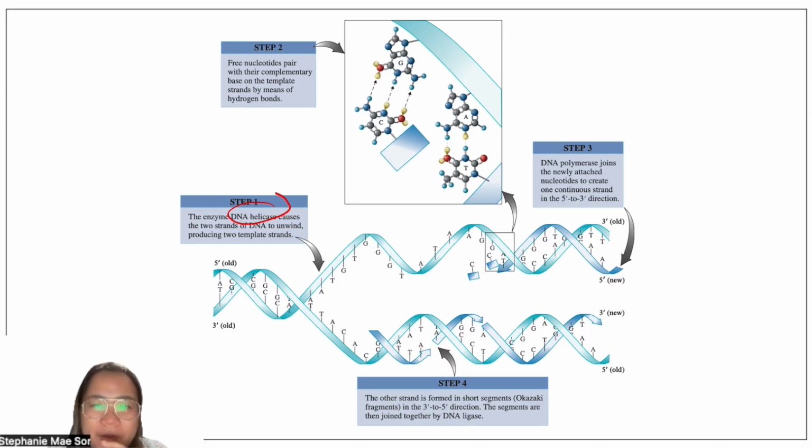So, kapag continuous yung synthesis, you call that the leading strand. If the strand is made in short bursts, tapos you link them together, you call that lagging strand. So continuously, you add, that's the leading strand. If it's may Okazaki fragments, that's the lagging strand. So, and then the nicks between your Okazaki fragments are linked together by your DNA ligase.